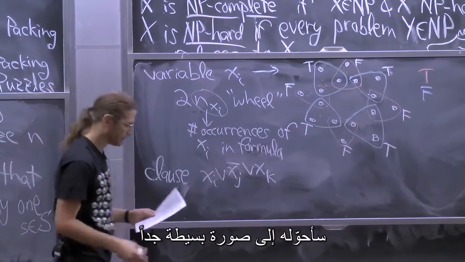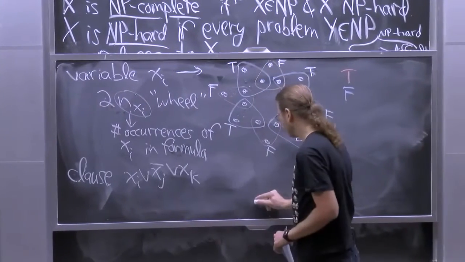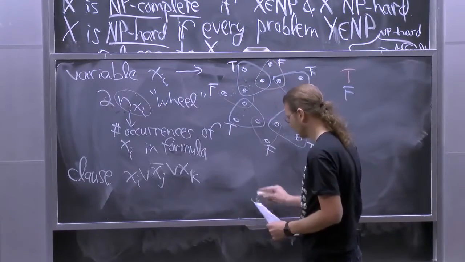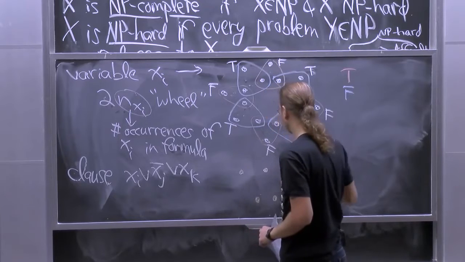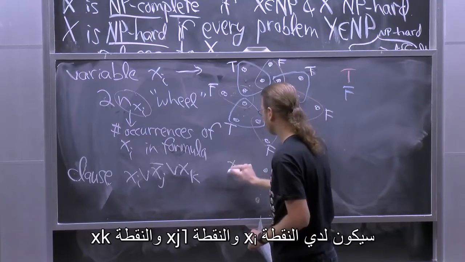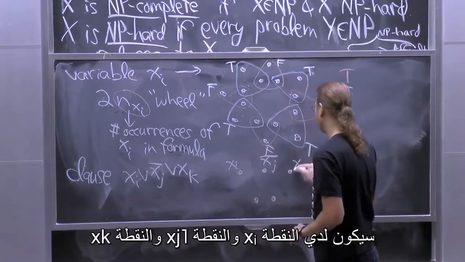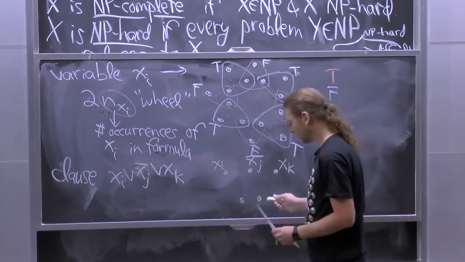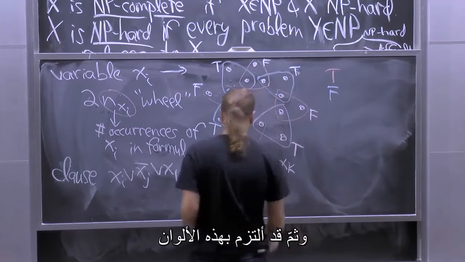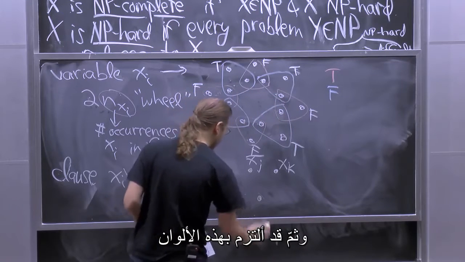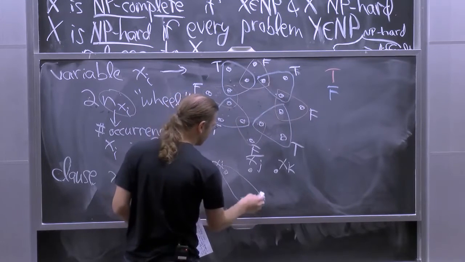I'm going to convert it into a very simple picture. It's going to be an xi dot and an xj bar dot and an xk dot, and then maybe I'll stick to these colors.